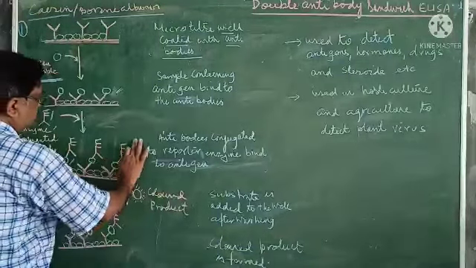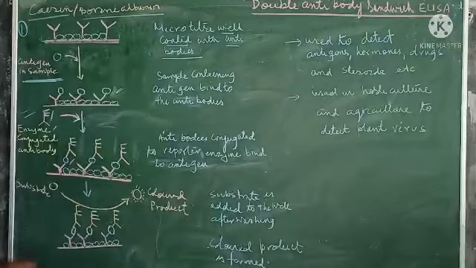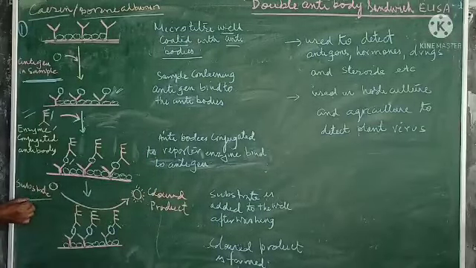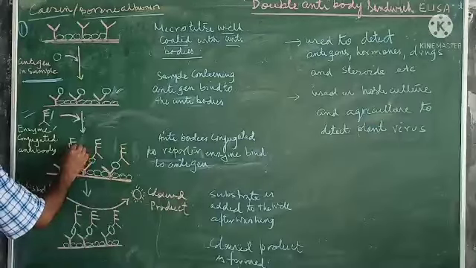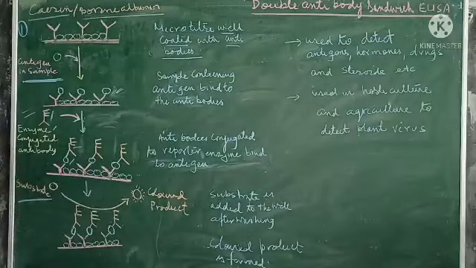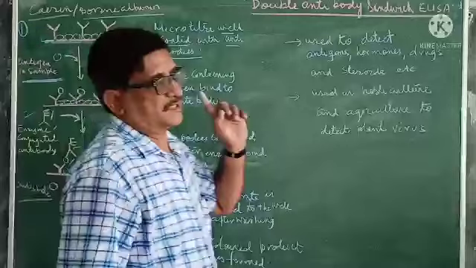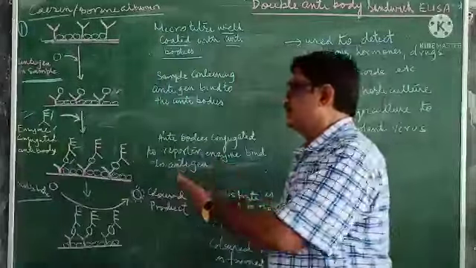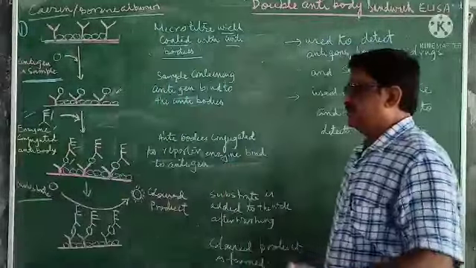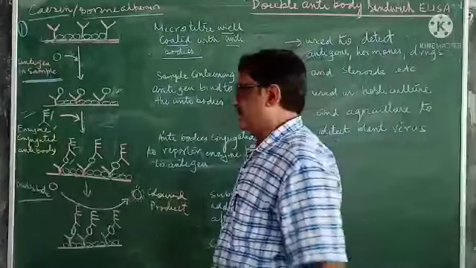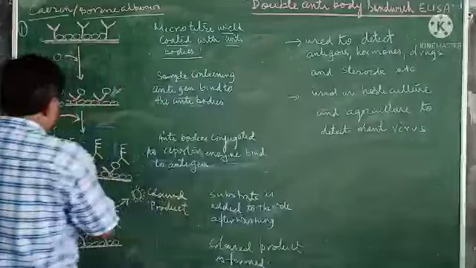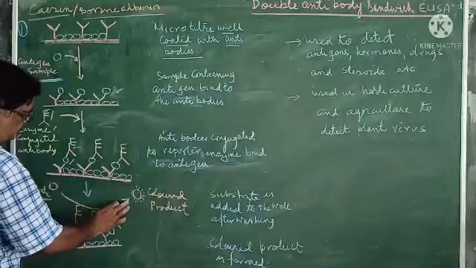In the fourth step, the substrate is added. Which substrate? The substrate for these enzymes is added. We have already discussed the type of substrate used in ELISA, particularly for horseradish peroxidase. Okay, so the substrate is added.